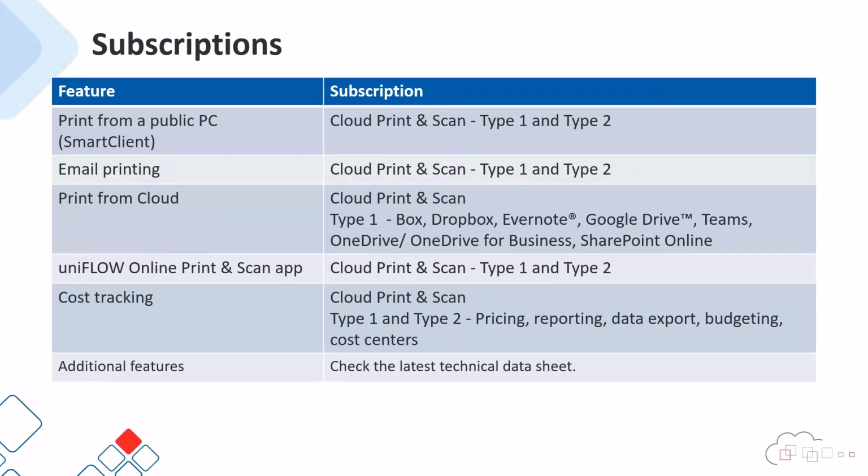The key thing for sales is to check the correct subscription type, device type, and supported features before confirming the final customer position. For anything outside of these areas, such as copying, use the latest technical data sheet as the reference point, the go-to point.